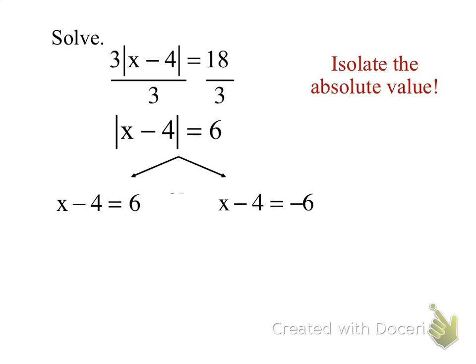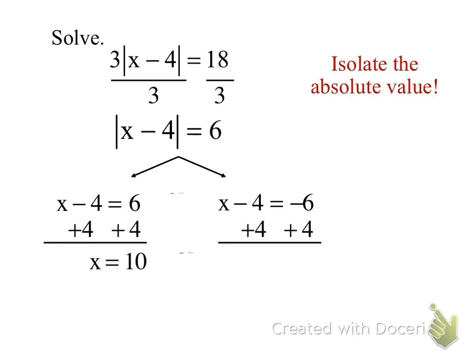You're going to add 4 to the side. Okay, it'll be x equals 10. And then the second equation, you're going to add 4 again. And it'll be x equals negative 2. Okay. And so my solutions are negative 2 and 10. Questions?